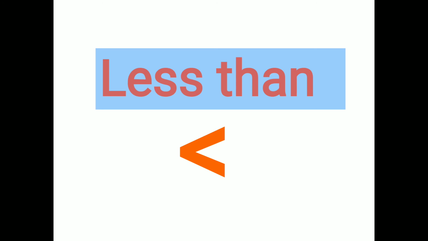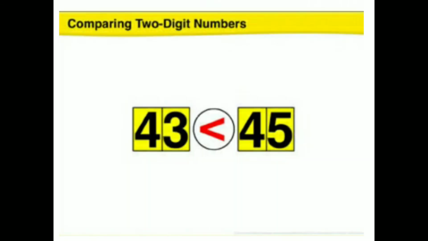Now let's understand less than. We put this symbol to compare the numbers. This symbol we call the less than symbol. As we know, 5 is less than 7. Again, while comparing two-digit numbers, we need to compare first the tens place numbers.